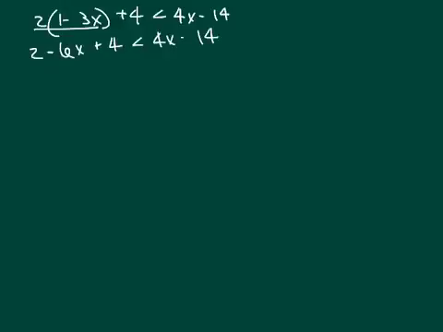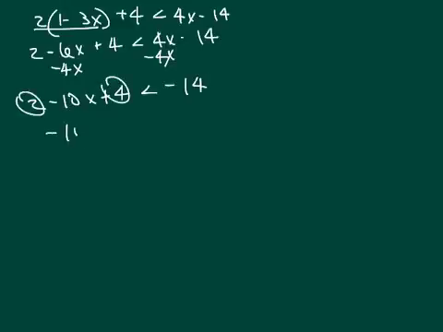Okay, now let's get the x's on the same side. So let's subtract 4x here and here. So we have 2 minus 10x plus 4 is less than negative 14. And we've got a 2 and a 4. We'll add those together.